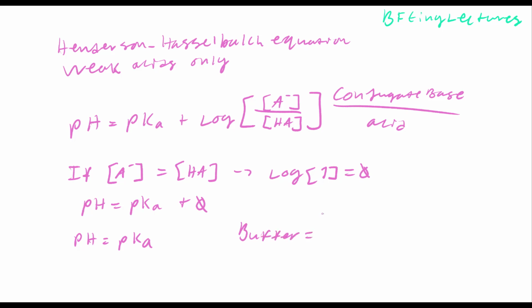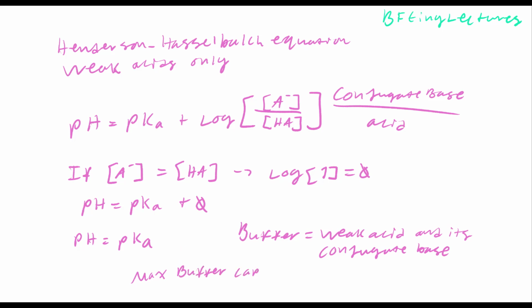So a buffer is always equal to a weak acid and its conjugate base. Or it's a weak base and its conjugate acid. So vice versa, okay? The maximum buffer capacity, so how strong a buffer can be, is equal to the pKa plus or minus 1.